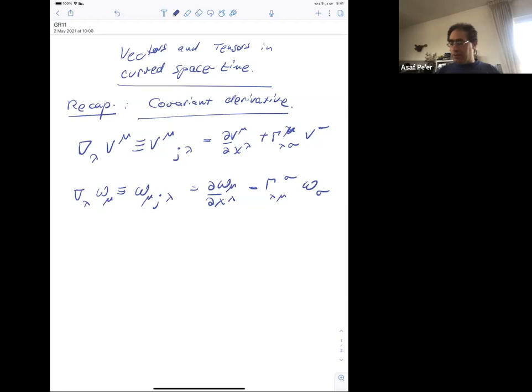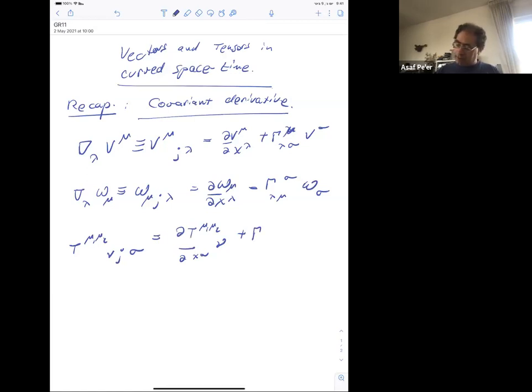And then for the covariant derivative of any tensor of any rank, you just have an extra term of plus gamma for any upper index and an extra term of minus gamma for any lower index. So for example, the covariant derivative of tensor T mu1, mu2, nu, sigma is first the partial derivative dT mu1, mu2, nu over dx sigma. And then we have a plus gamma.